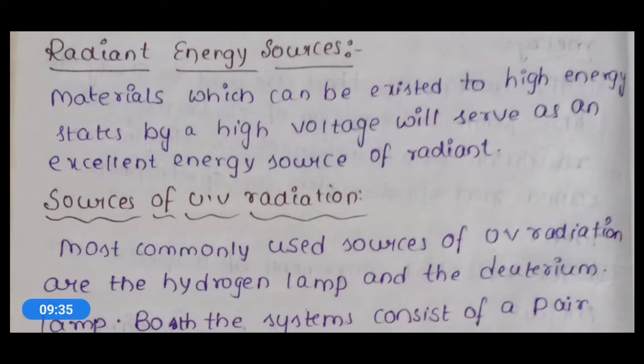Materials which can be excited to high energy states by a high voltage will serve as an excellent energy source of radiant. Here, any material which can be excited to a high energy state, that means whenever we use high voltage, this particular material we are using as an energy source will get excited and move to the higher energy state.